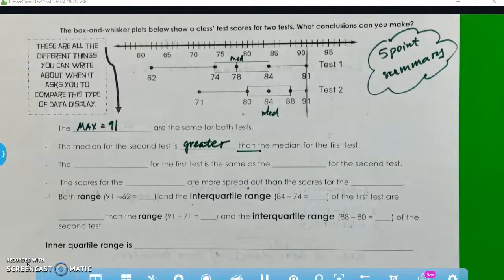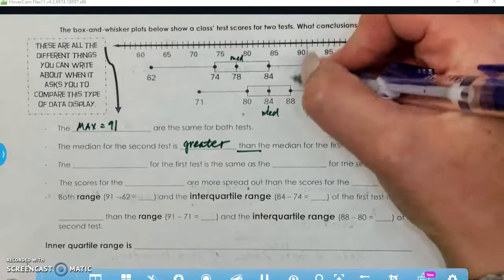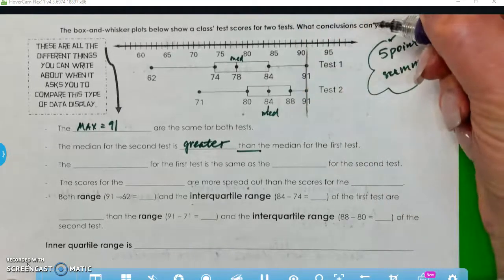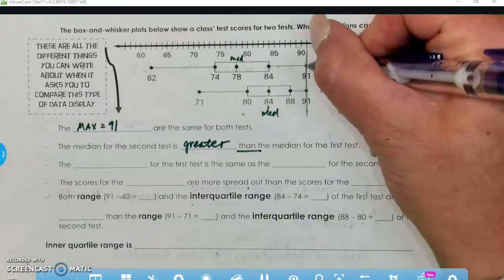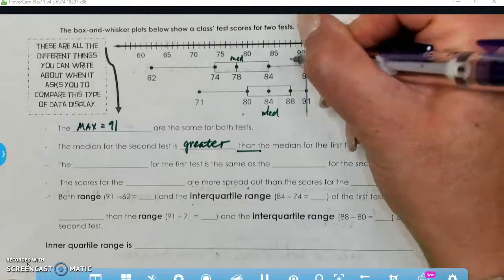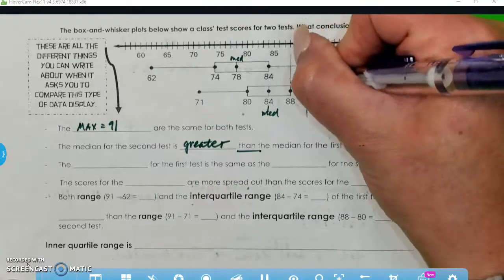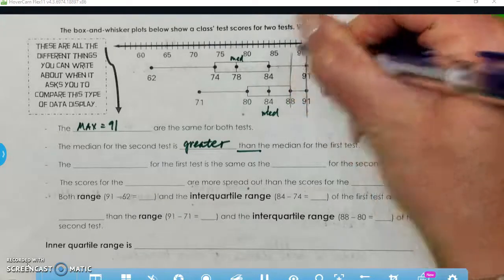Okay. Next statement. Now we have some data for the first test that is the same as some data for the second test. So I'm just going to show you how in the world we know what data that is. Just like what we did earlier when we were drawing the line and trying to make the connection.